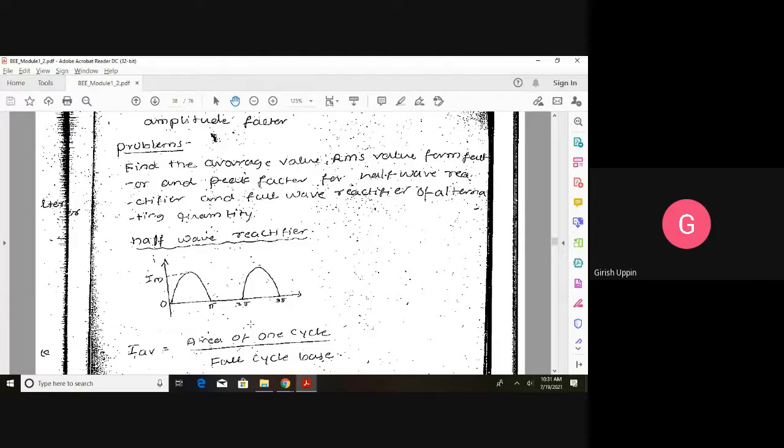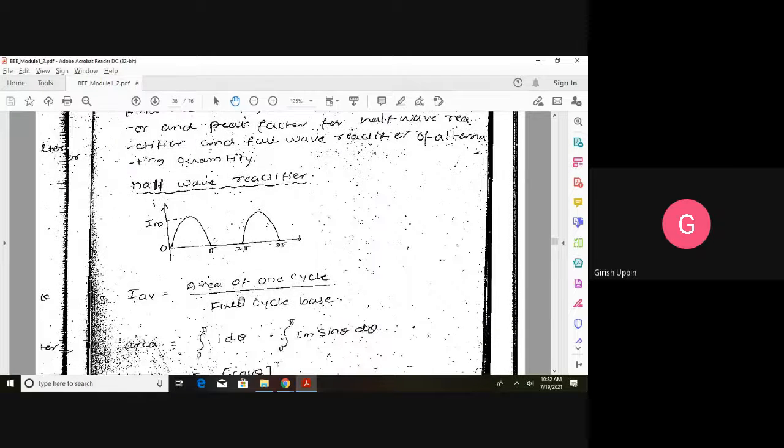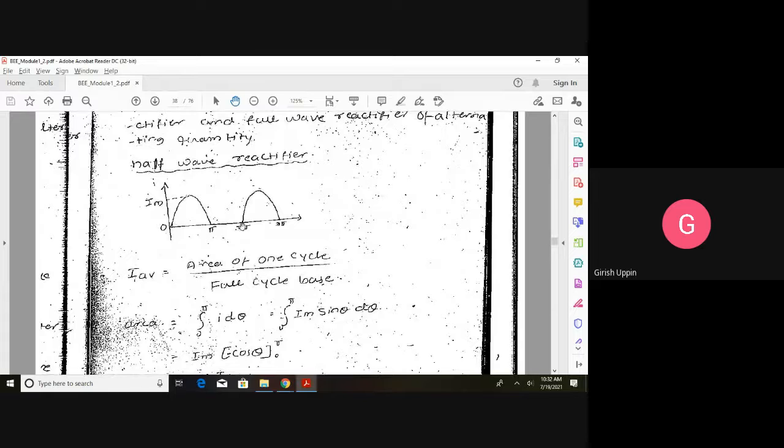First, draw the waveform. In the half wave rectifier, we have only the positive half cycle and the negative half cycle is 0. So this is the complete one cycle. Whether it is a symmetrical or unsymmetrical waveform, it is an unsymmetrical waveform, because the positive cycle and the negative cycle are not exactly the same. So we are going to consider the full cycle time base.